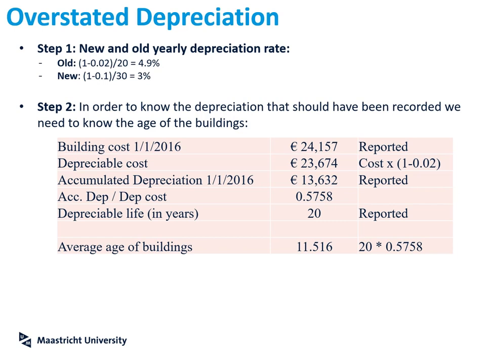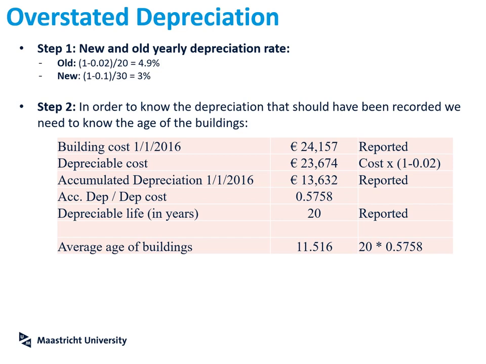And it's this amount that we can compare to the depreciation that has been recorded to date. So if we look at the balance sheet, we see that the accumulated depreciation was 13.632 billion. And so we can compare this to the depreciable cost to determine the age of the buildings.